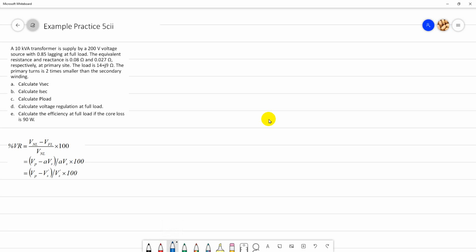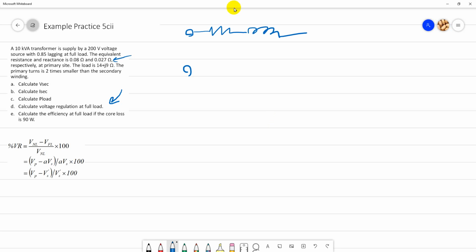So I will show you how to solve this voltage regulation. If you draw the circuit diagram, it is something like this. You have resistance and inductance, referred to the primary side.